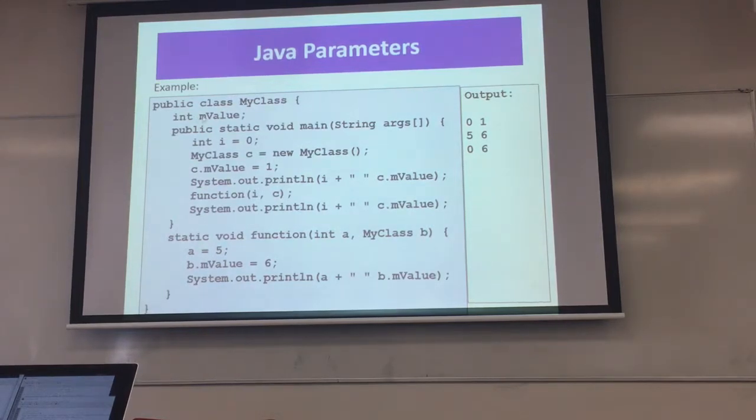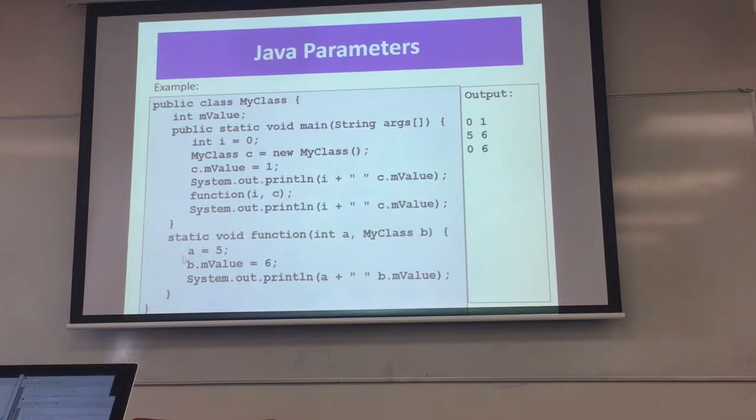You can see we have a class, and here we have a value, and we have the main function, and an auxiliary function which takes one primitive type variable, A, and one reference type variable, B. So we use a variable of this type. Okay? As you can see inside this function, we use copy by value.